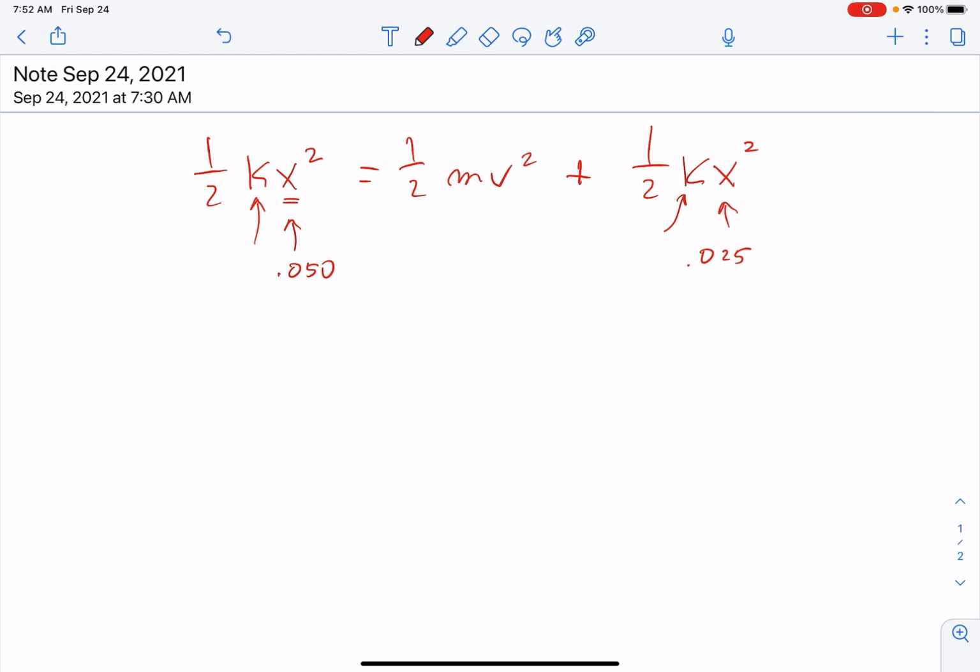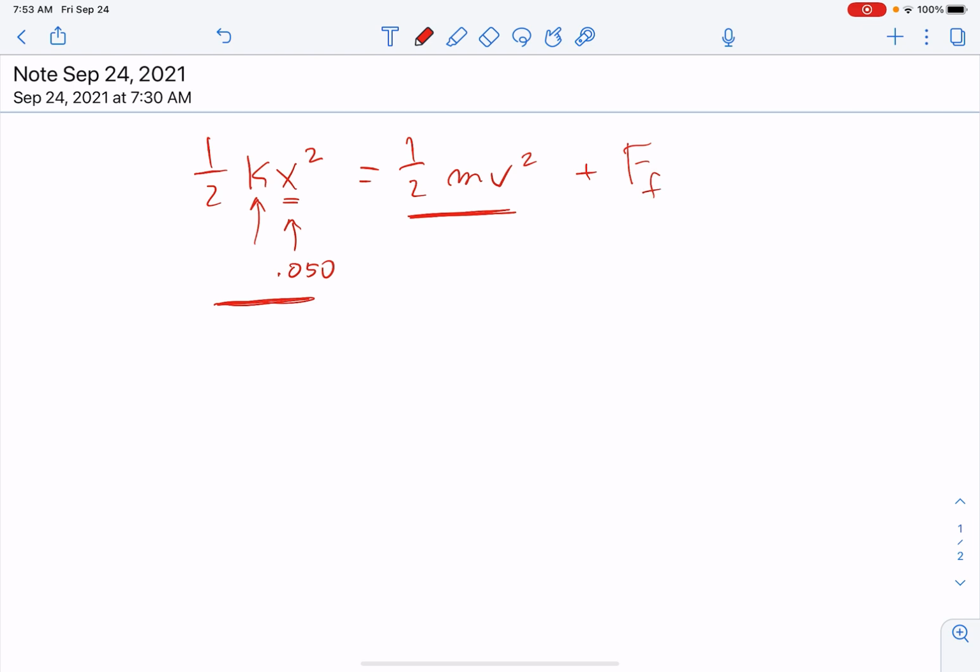Then in part C, it says repeat A if friction acts on the block with a coefficient. So that means we're going to get rid of this part here, since we're repeating part A. And that means that all of my stored potential energy in the spring is going to do two things. It's going to show up as a speed of the block, but not until after it's lost some of its energy due to friction.